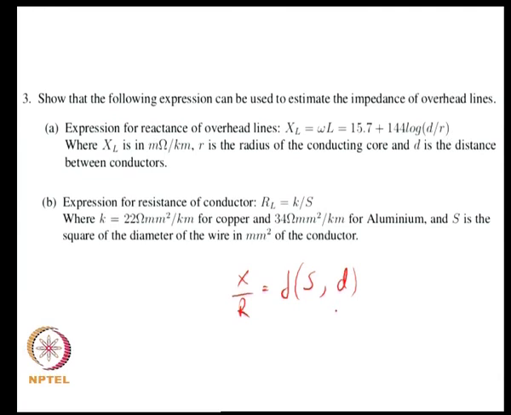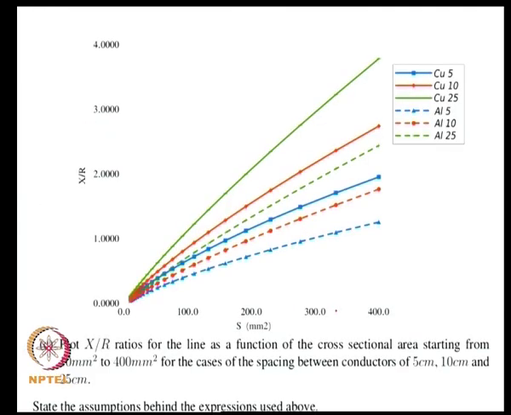Okay. And this is what is asked in the next problem, where you are looking at the occupied area rather than the cross sectional area, from 10 mm square to 400 mm square, and for spacing between conductors of 5 centimeters, 10 centimeters and 25 centimeters, for the case of copper and aluminum.